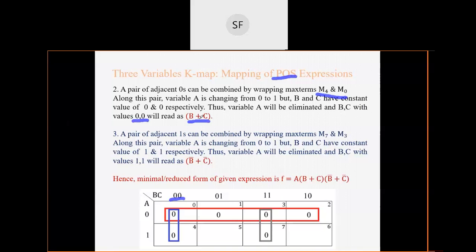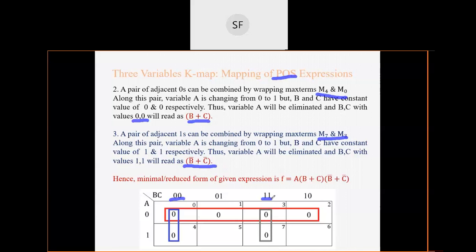Similarly, third point, a pair of adjacent ones can be combined by wrapping cells. Now here M3 and M7, so this gray rectangle, M3 and M7 we have combined, and the corresponding term we have found out is B bar plus C bar. Why B bar plus C bar?